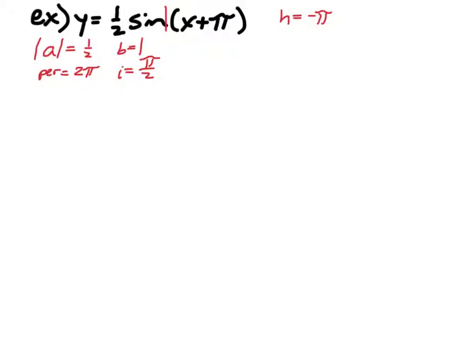All right. So let me start with that. I'm going to start with my h. I know I shifted left pi. And I'm going to need 4 marks. 2, 3, 4. Now if I'm going to be adding the increment to that h, I need a common denominator, right? Like negative pi in terms of pi over 2.